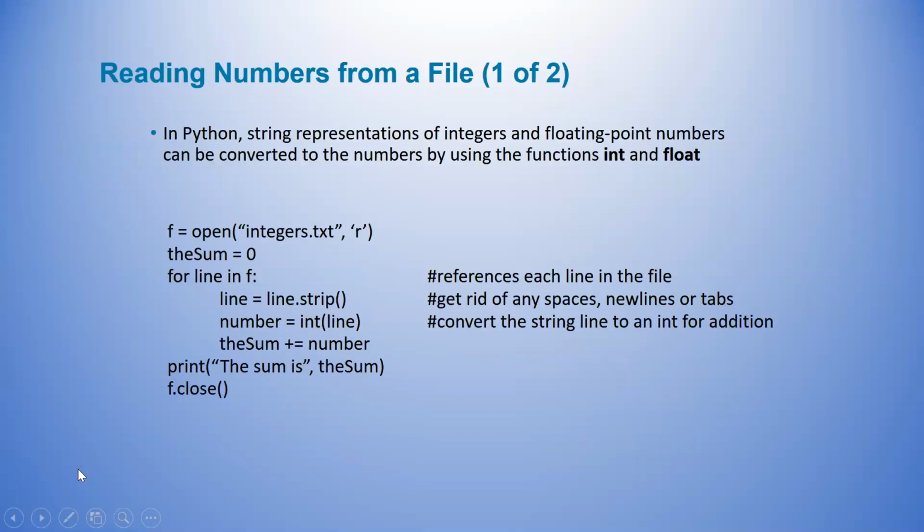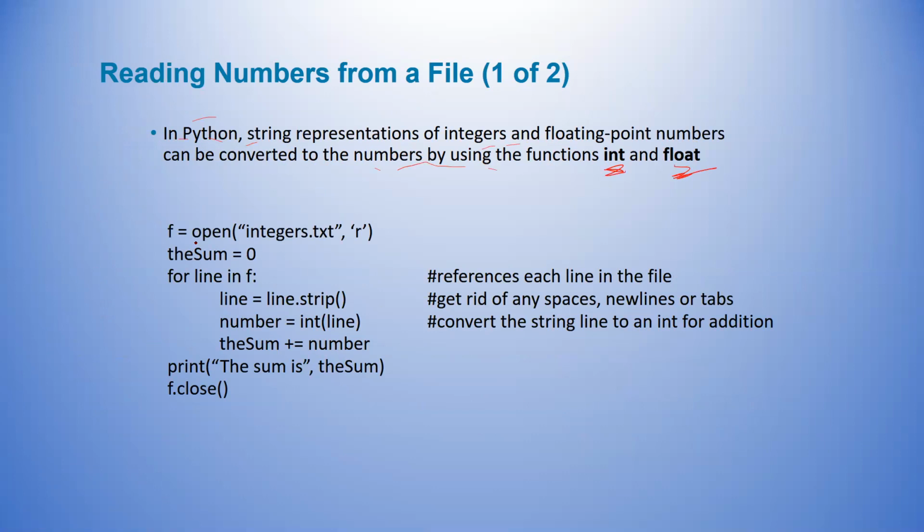Okay, let's look at this. Reading numbers from a file. Okay, let's look at this exercise. In Python, string representations of integers and floating point numbers can be converted to the numbers by using int. You already know that, right? We learned that the very first class, I remember.